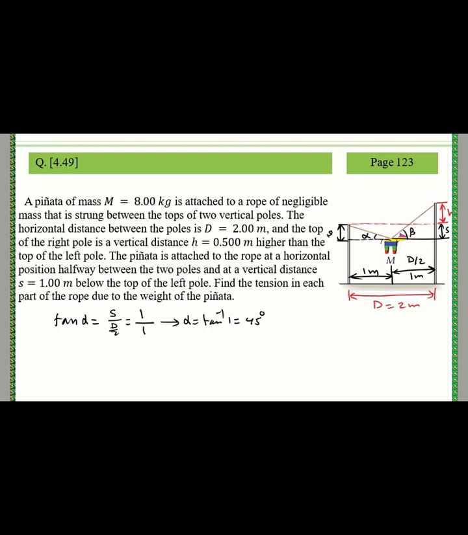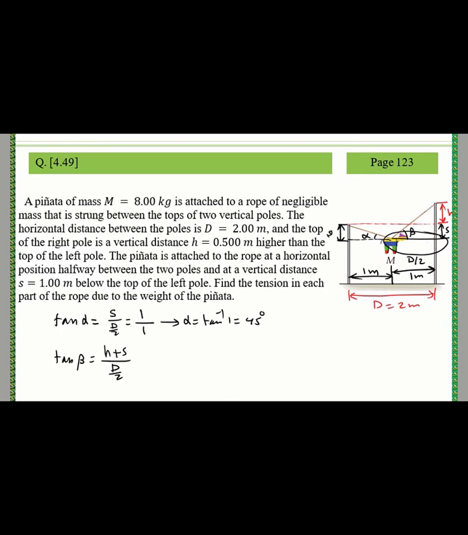We found alpha. Now for beta, tan beta equals the opposite to the beta, it is this distance, h plus s, over d over 2. This is d over 2.